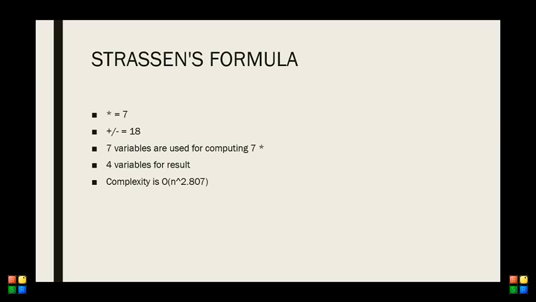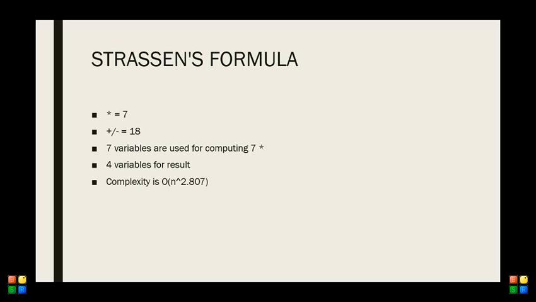So Volker Strassen devised this formula to reduce the time complexity, which is big O of n power 2.807 for this algorithm, and for the traditional algorithm it is big O of n power 3, that is n cube.